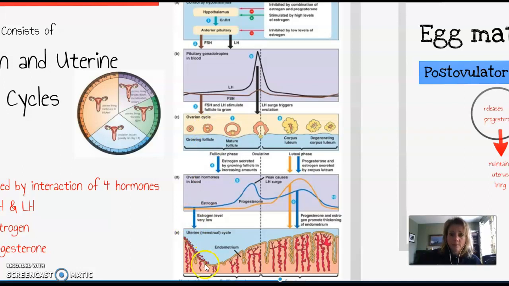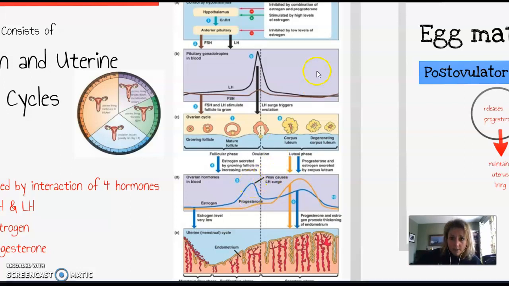After about 5 days, that endometrial lining is now shed and menstruation stops, but the endometrium doesn't stop changing because our follicle is still growing. If we remember correctly, as the follicle grows, more and more estrogen is being produced. At about day 12, day 13, we have the spike in estrogen.